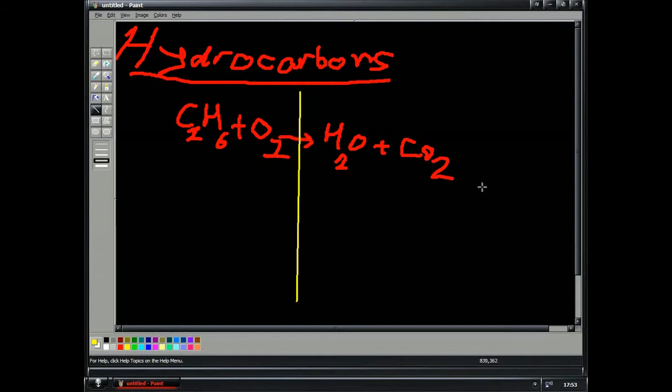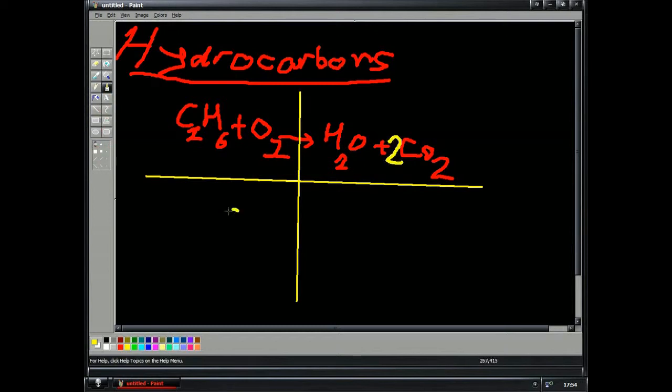The way I'm about to show you is actually the easiest way to balance equations, so use this for other equations as well. You see the 2 in front of the C, so for ethane it's C2, and you put that 2 in front of the carbon dioxide.